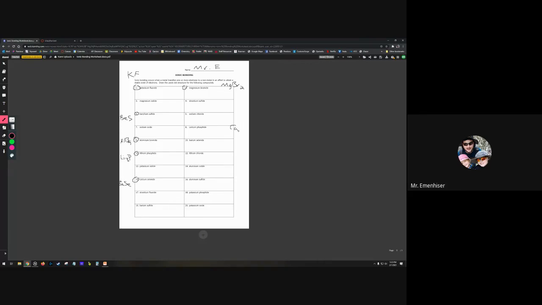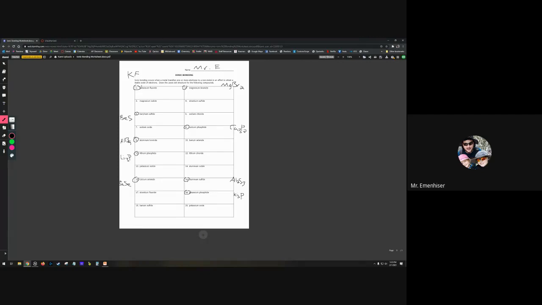This is Ca3P2. Yep, Ca3P2. That one's a little tricky, so we'll do that one together. Al2S3. And then this is K3P. Okay, so we got the formulas for these guys.